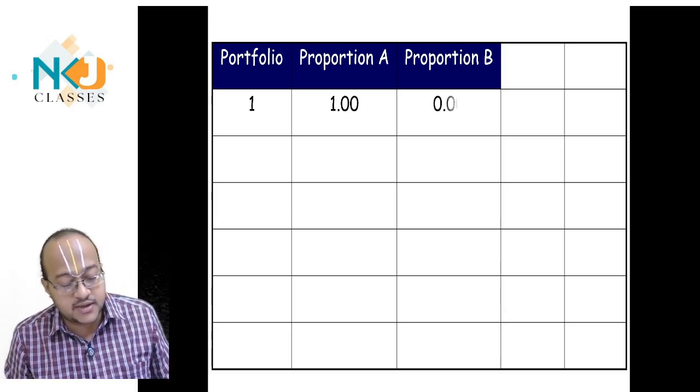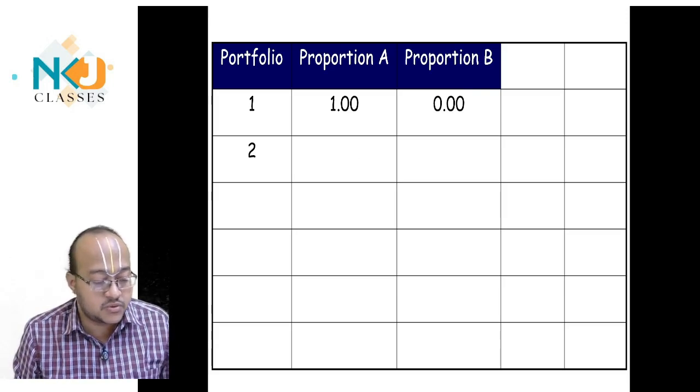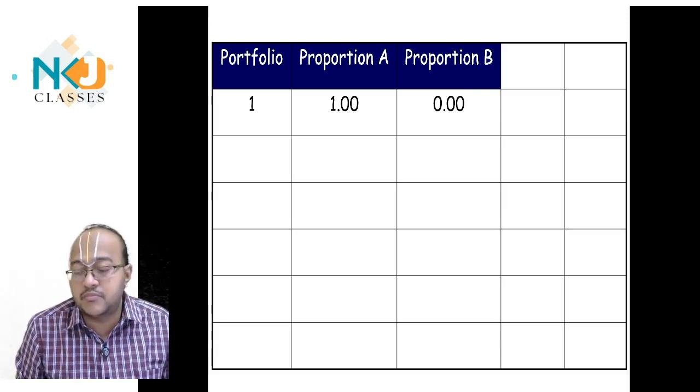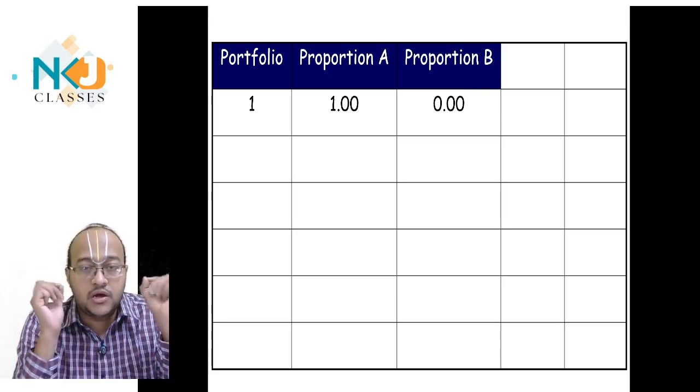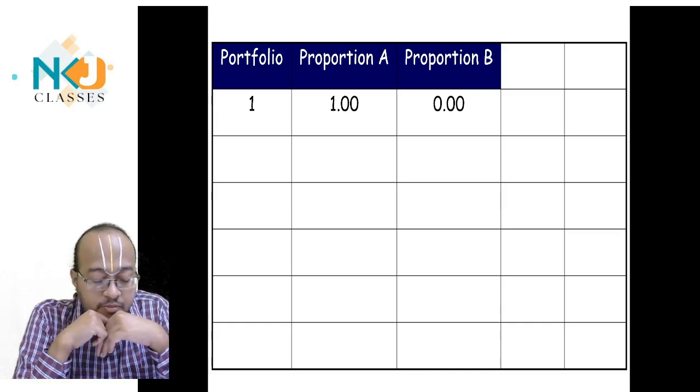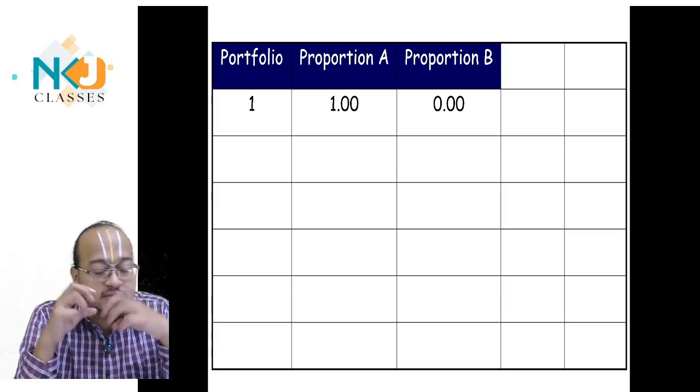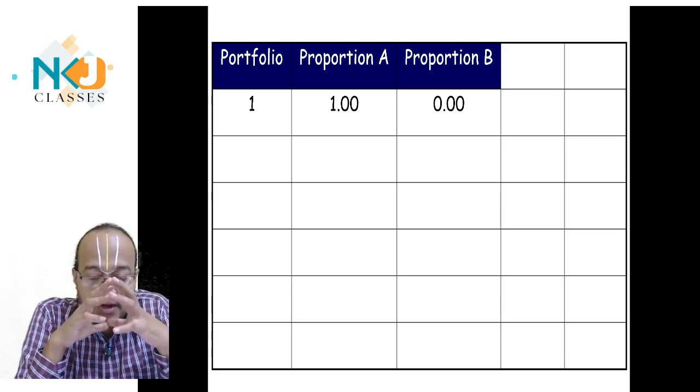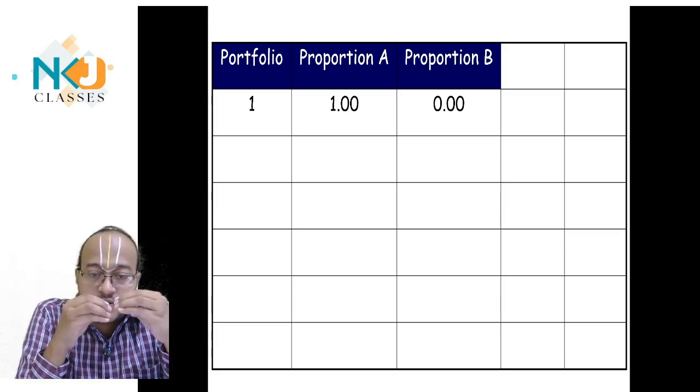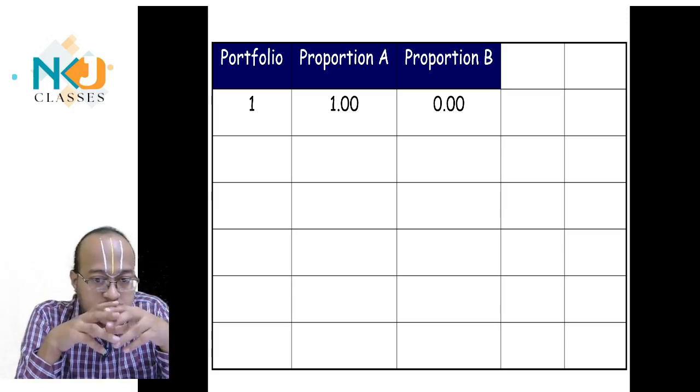We will build 3, 4, 5, 6 different portfolios wherein we use these 2 securities in different proportions. Are you understanding?